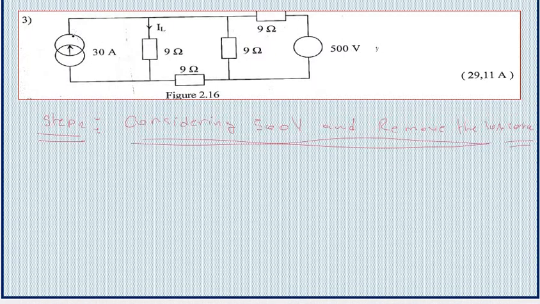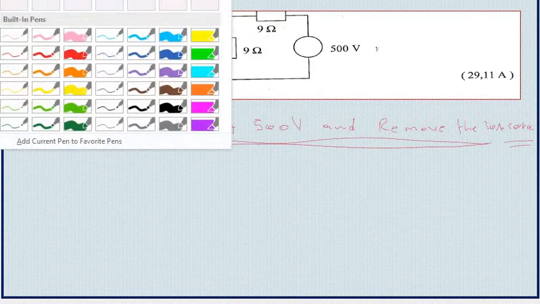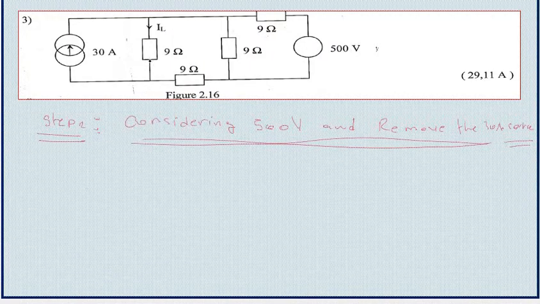So here we don't short circuit that current, because that is a source of current. If it is a source of current, we'll just remove it instead of short circuiting. So in other words, the actual diagram will be, so we are going to consider only this part.